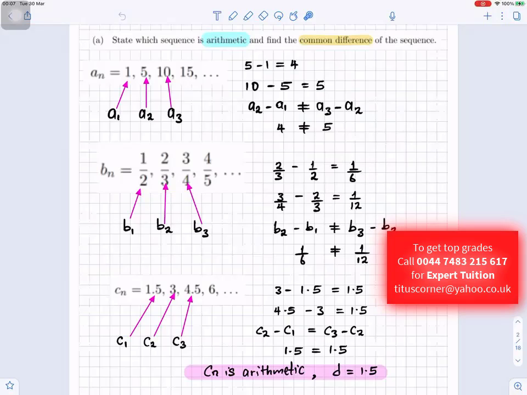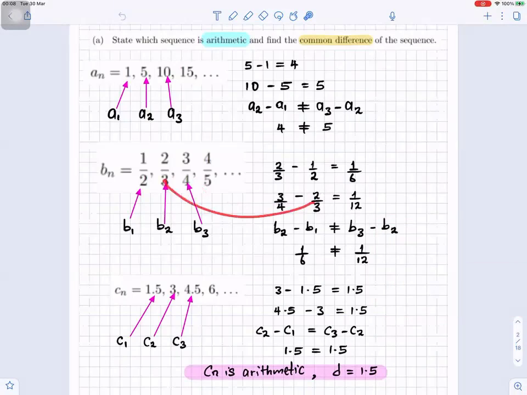And the third term, 3 over 4, minus the second term, which is 2 over 3, gives you 1 over 12. And 1 over 6 is not the same as 1 over 12. So second term minus first term is not equal to third term minus second term. So this one is not arithmetic.